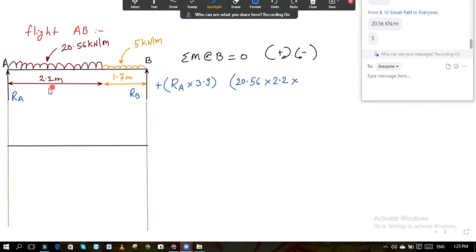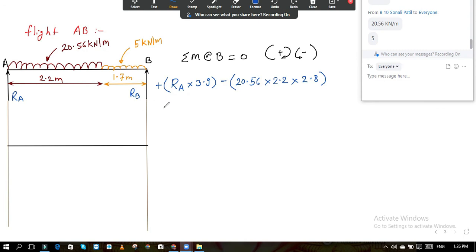If the total is 2.2, it will act at a distance of 1.1 from this end. We are taking the moment at point B, so from point B it is 1.7 plus 1.1, which is 2.8. It is moving down, so it is minus.